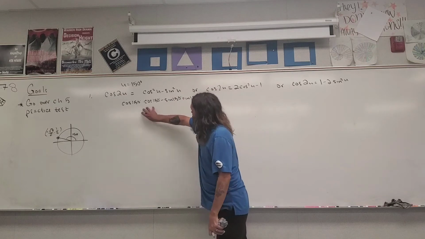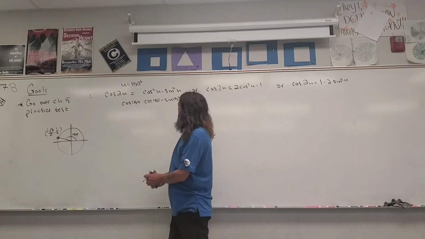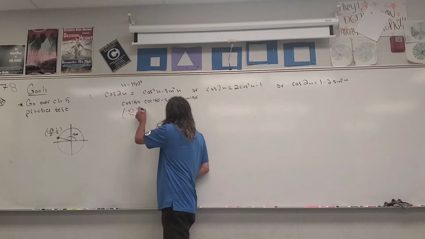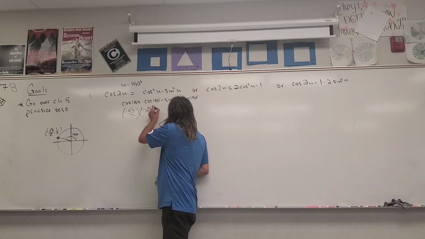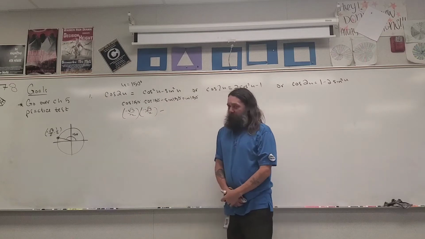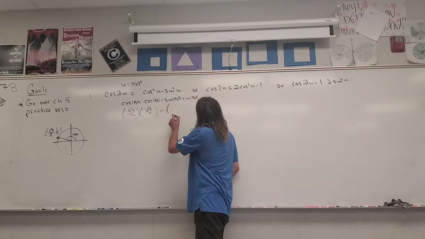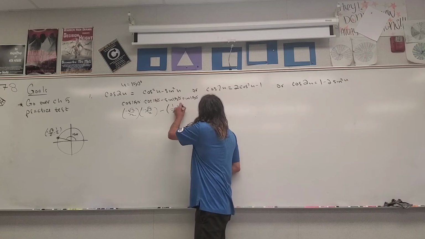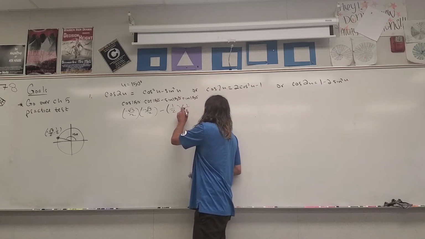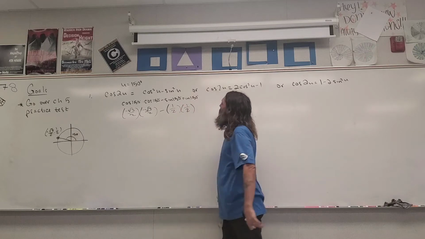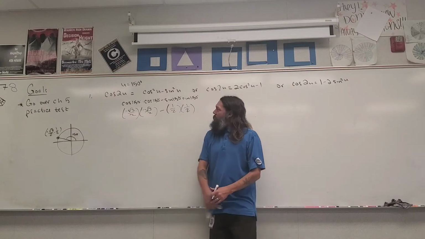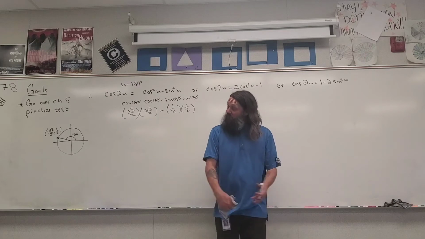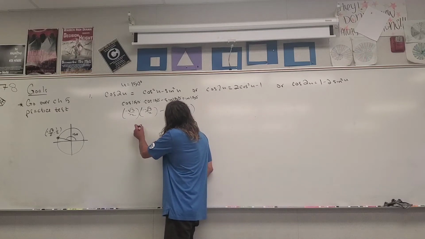My x-coordinate at 150 degrees is negative square root of 3 over 2, and I'm multiplying it by negative square root of 3 over 2, and I'm going to subtract from that my y-coordinate at 150 degrees, which is 1/2, times 1/2. A negative and a negative becomes a positive. Square root of 3 times square root of 3 is square root of 3 squared, so squares cancel square roots, and I'm left with 3.